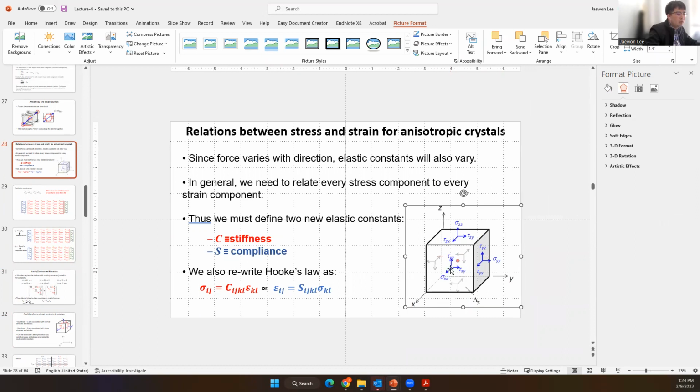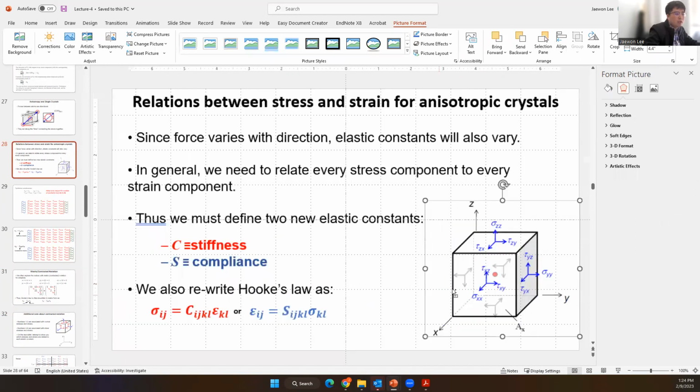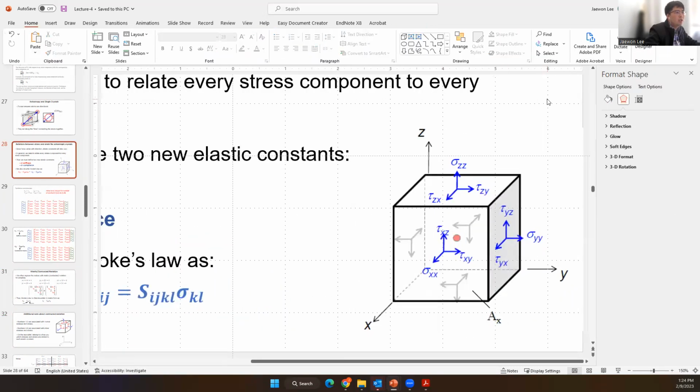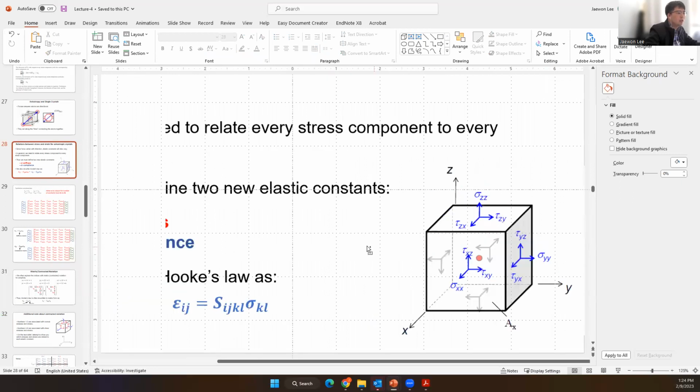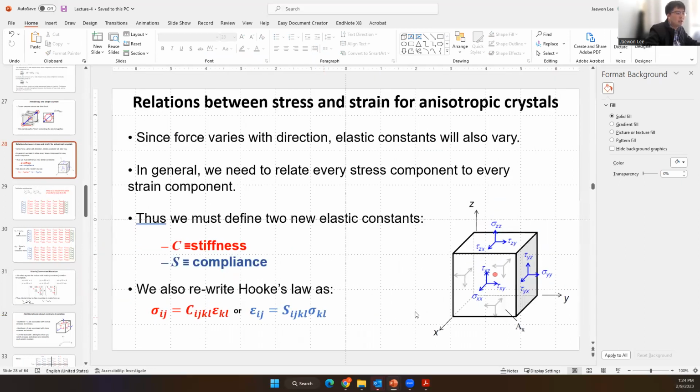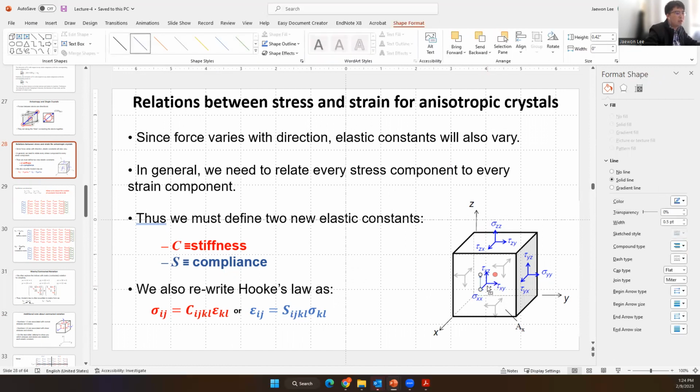So this is the three component, right? There is a three component. Three component is related to the strength. So if we apply the sigma xx, they can make it three strength components.